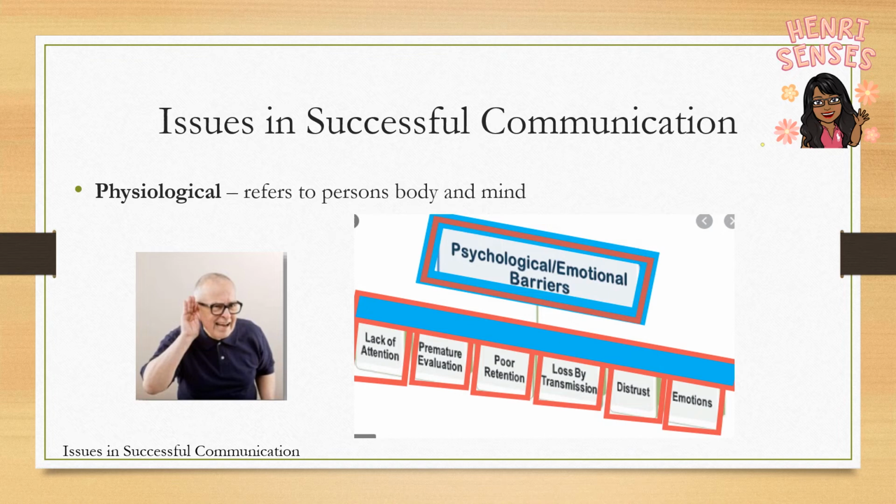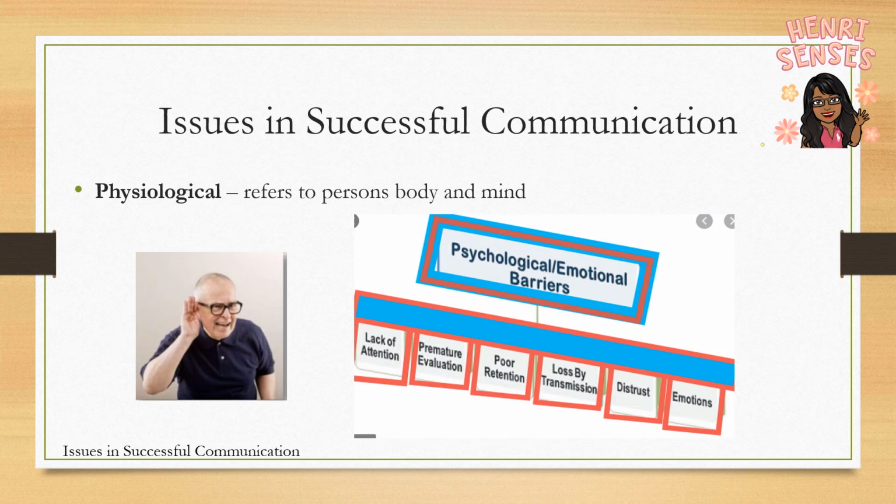For example, when someone is ill or sick, this person is unable to comprehend completely what is being said. That's why we always make accommodations whenever we talk to someone who is sick, because we think he may not be fit enough to understand information.